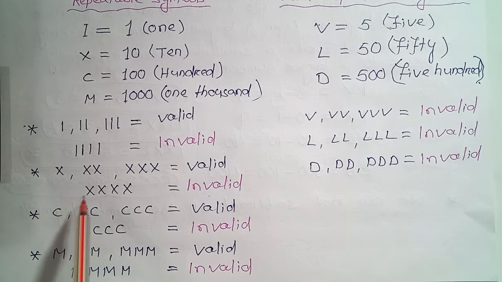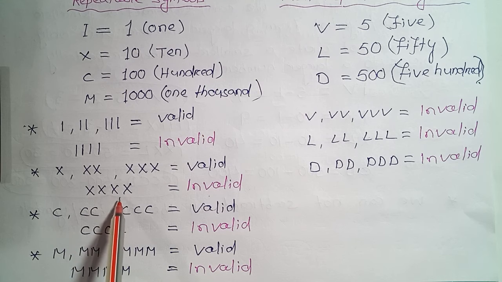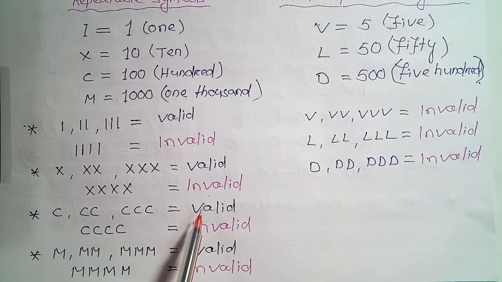But 4 times X is invalid. We cannot say it 40. X plus X plus X plus X, we cannot say, it is invalid. C, CC, CCC is a valid number, but 4 times C is invalid.